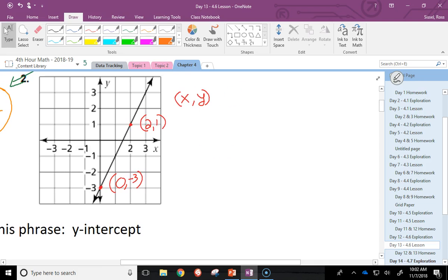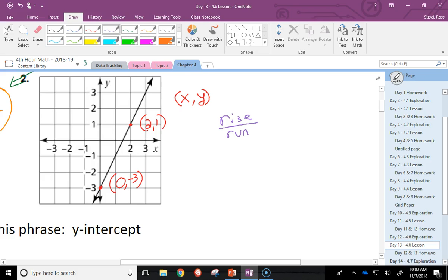What is my slope? Let's do it together. Rise over run. Which one do you think, if I look left to right, is the first point I come to on my graph, 0, -3 or 2, 1? Yes, 0, -3. I come across it first from the left. That's the first point I'm going to hit between these two. So start there.